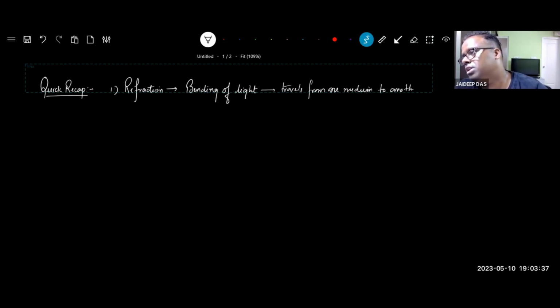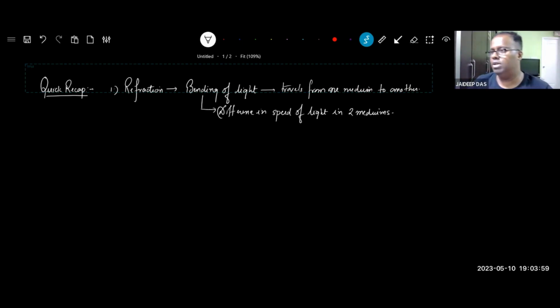This was the basic definition. Then we understood why this bending of light takes place. This is due to the difference in speed of light in two mediums. Two different mediums will have two different speeds of light.